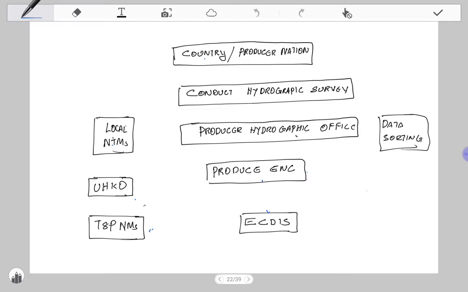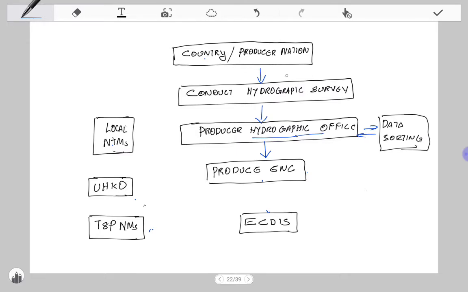Let's discuss further how the AIO is produced. A country which produces ENC first conducts a survey, and that data is analyzed and used by their own hydrographic office for production of their own ENC.